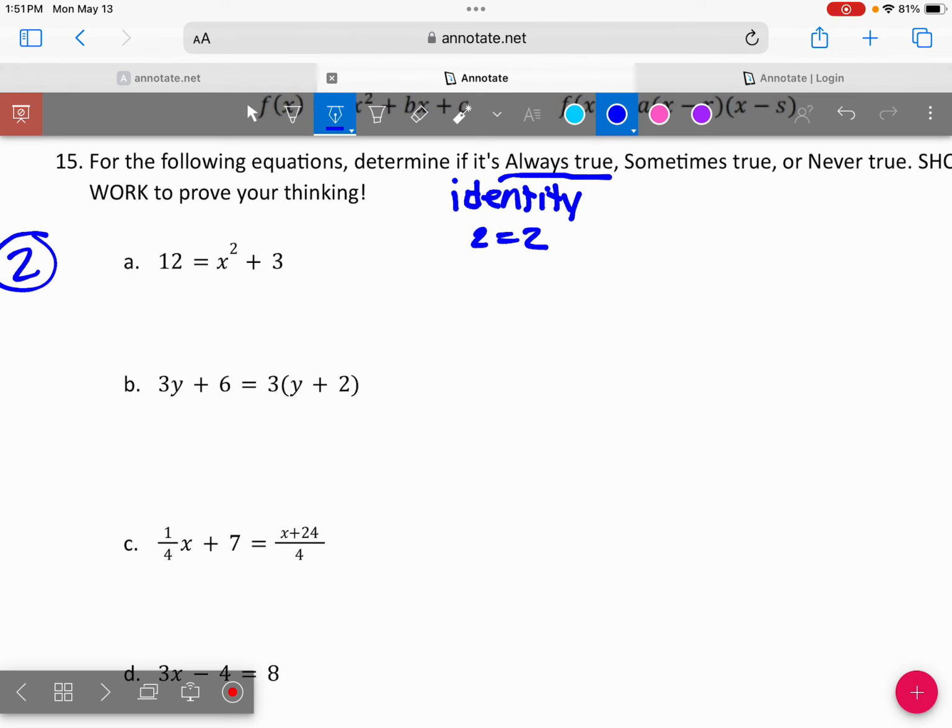It works when x is 3, but not any other time. So sometimes true gives you a thing like x equals 3, x equals 7. It only works when x has specific values. And never true means it is false. It is a straight up lie. 3 equals 0, something that is inherently false.